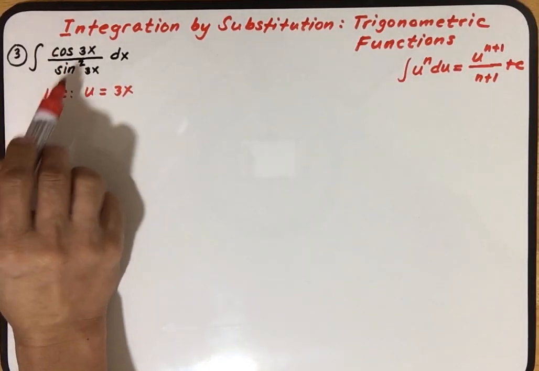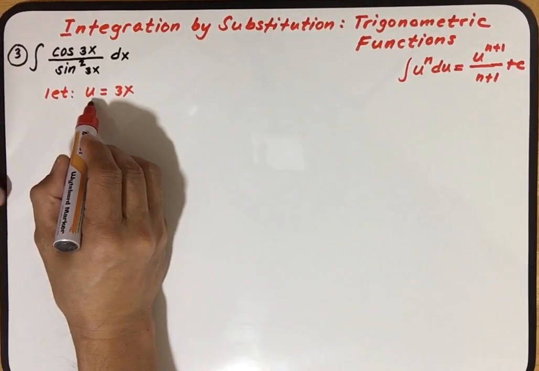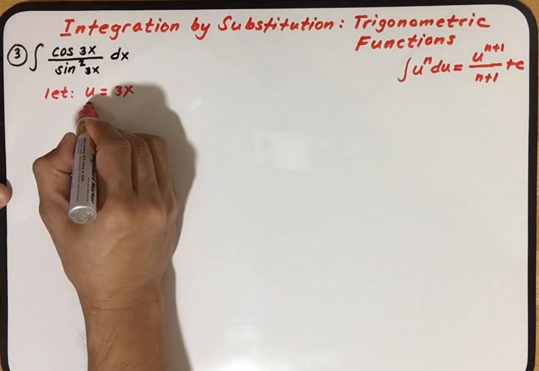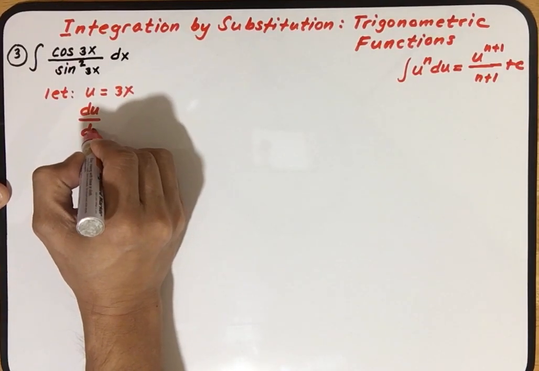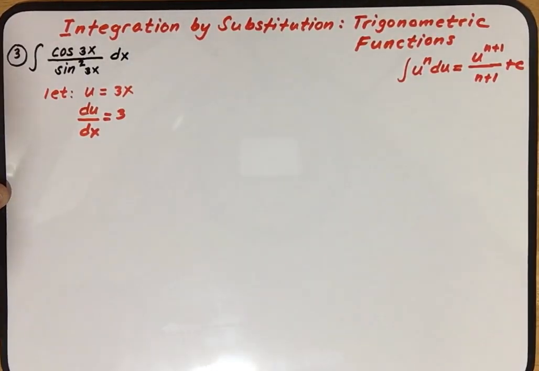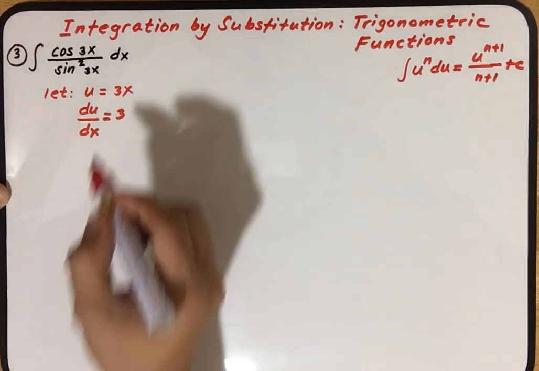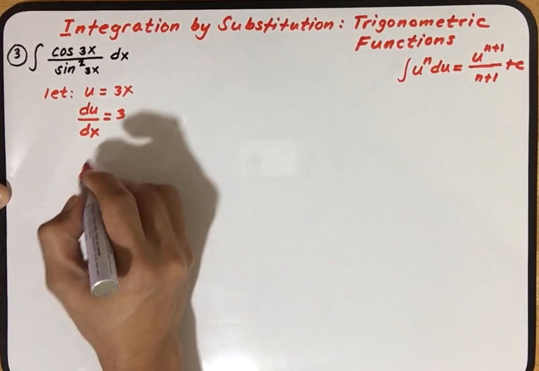So we can express the whole thing here in terms of u and du. So finding the derivative of u with respect to x, this is equal to 3. Or to solve for dx, you cross multiply this, divide both sides by 3.